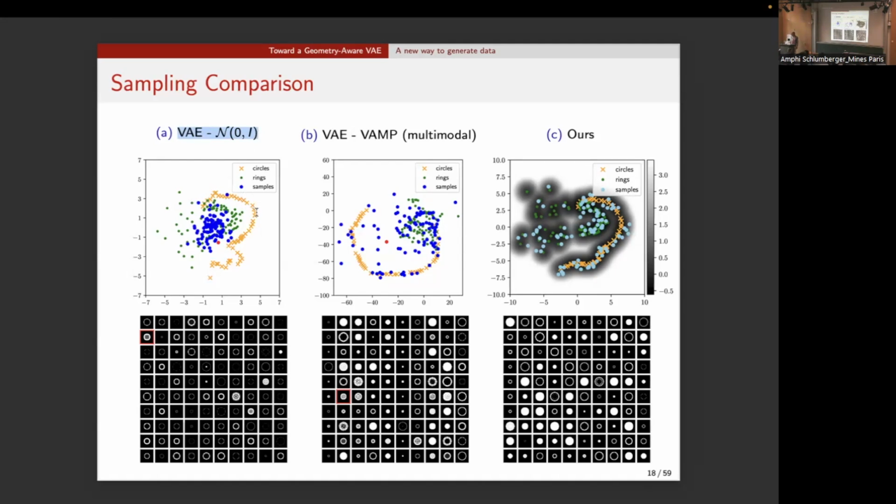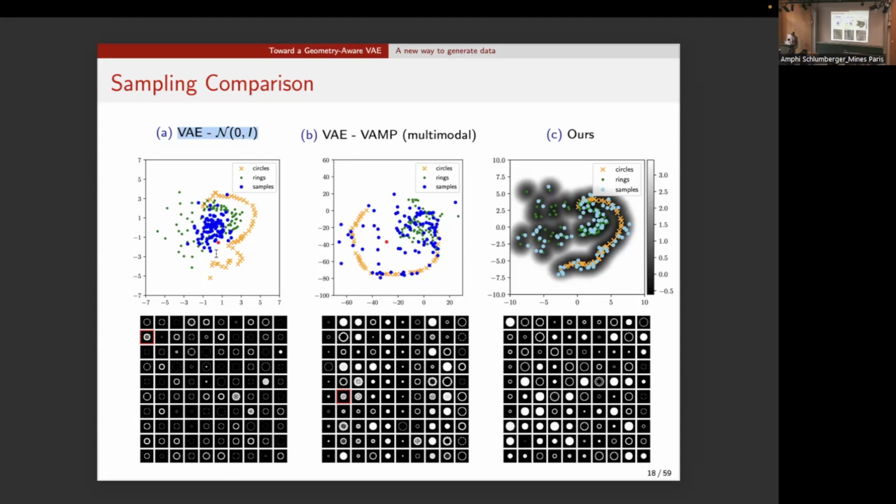This is how the rings and circle are encoded with a standard vanilla variational autoencoder, and the blue points are sampled from a standard normal distribution. And here are the decoding images from these blue points. Okay, so I sample blue points in this 2D latent space with respect to the standard normal, and then decode.